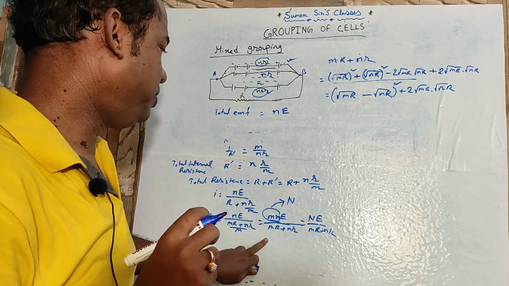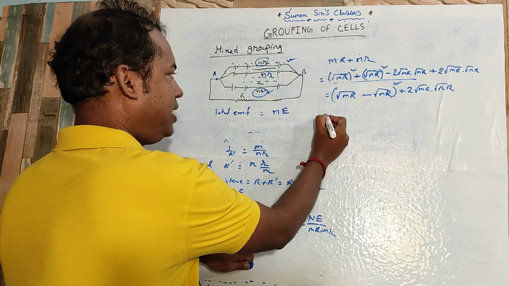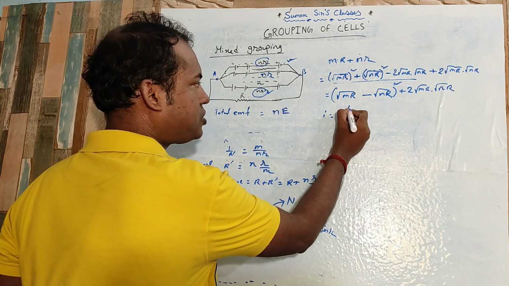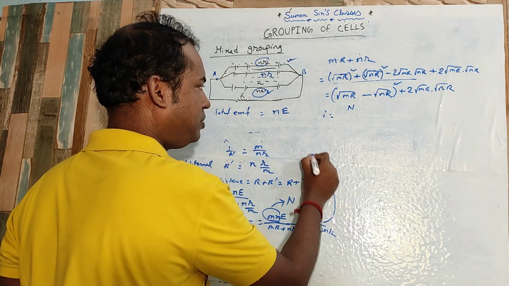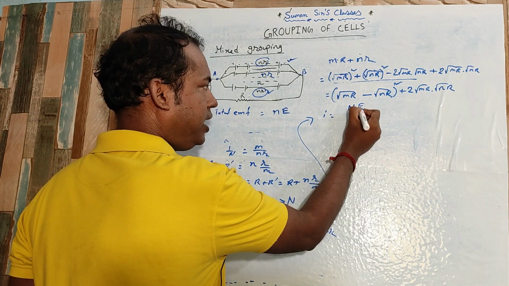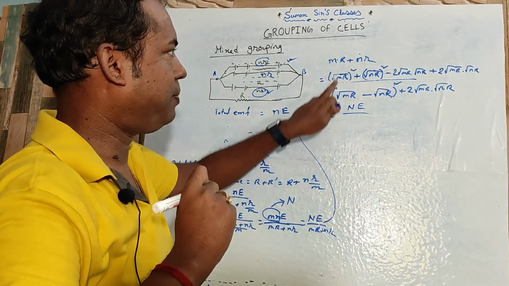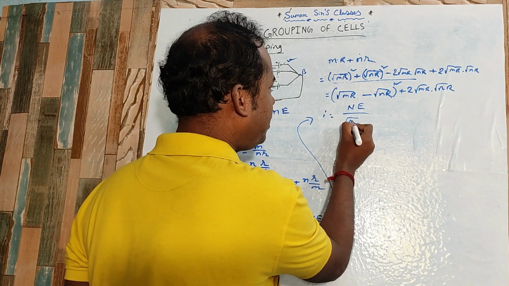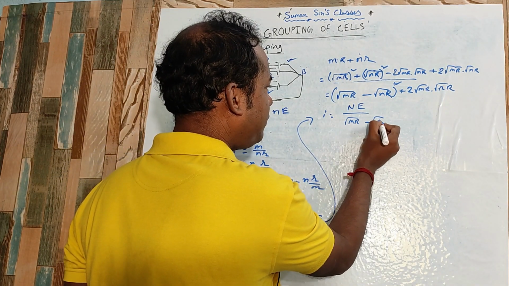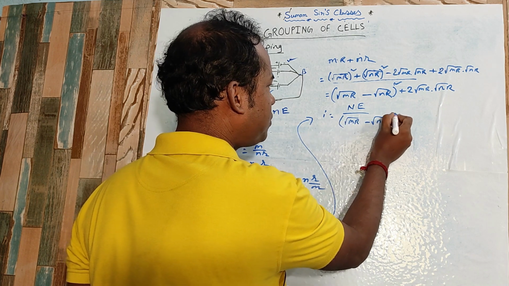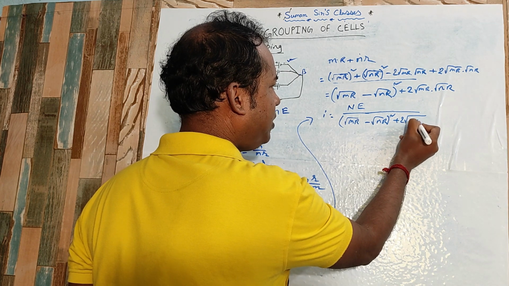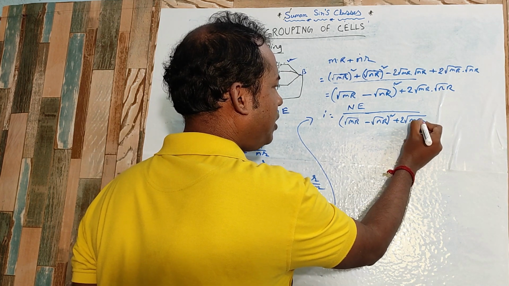Okay. Now we form this current I. So what is I? I equals NE by MR plus NR. MR plus NR equals this one, so it may be written in the form root over of MR minus root over of NR whole square plus 2 root over of MR into NR.